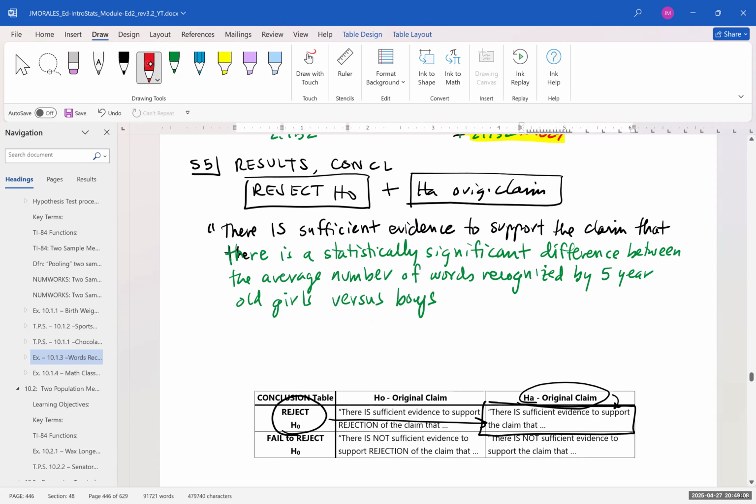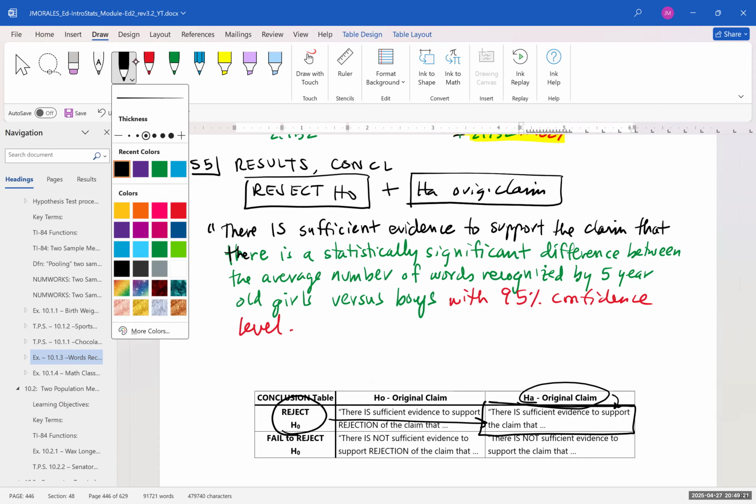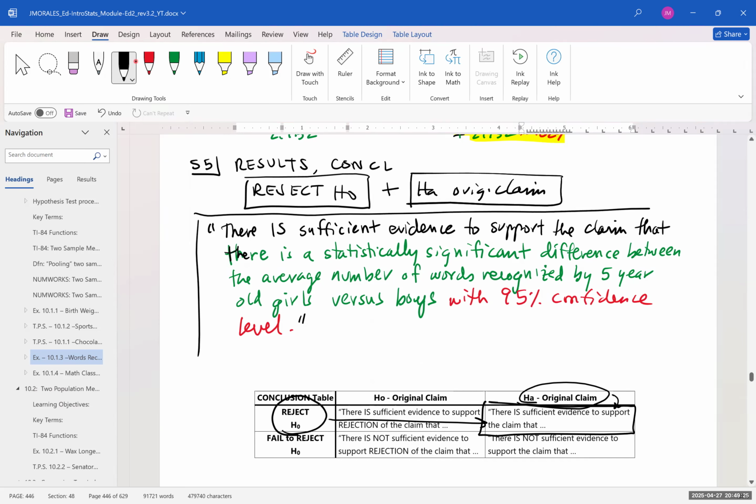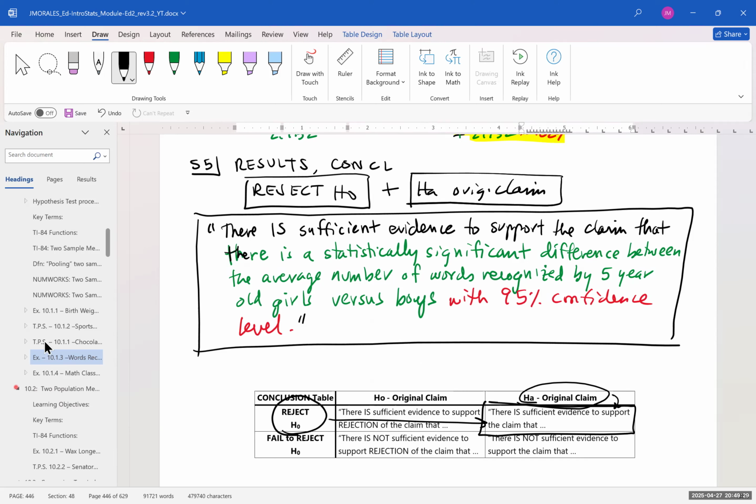Okay, trying to change color. There we go. With a 95% confidence level. Okay, and that is our conclusion to our hypothesis test. Okay, let me know if you have any questions.